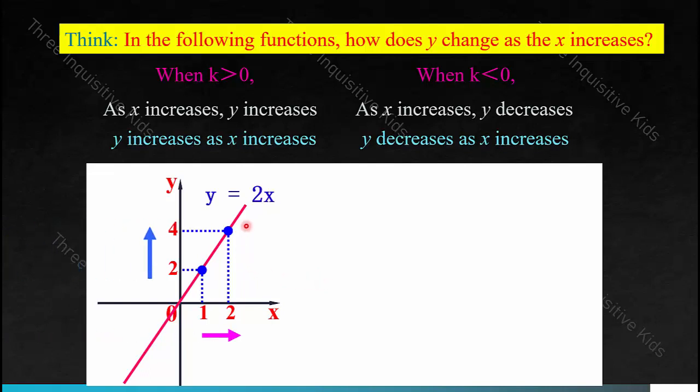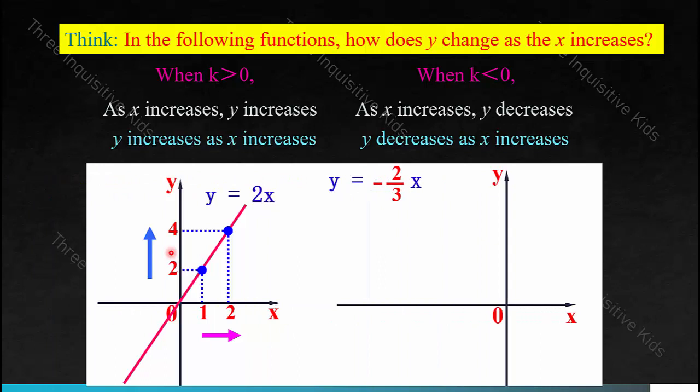So notice how this function right here is moving to the right and upwards, becoming greater and greater on the positive halves of both the x and y axis. And also, if you look at these coordinate pairs, as x increases from 1 to 2, y also increases from 2 to 4. So that's what it means when we say as x increases, y increases.